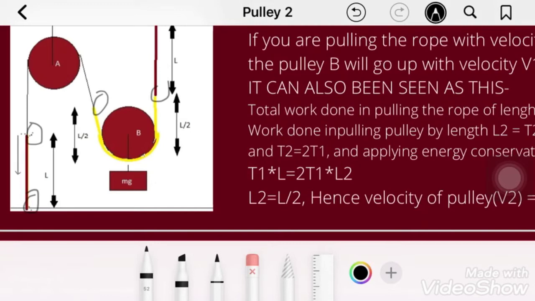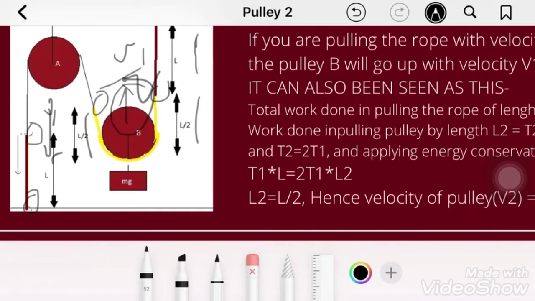If you see it properly, then this length L that it has traveled will be distributed as L by 2 and L by 2 across the pulley. So the pulley will go up by a length L by 2. So if the velocity of the rope here is V1, then the velocity of the pulley will be V1 by 2.